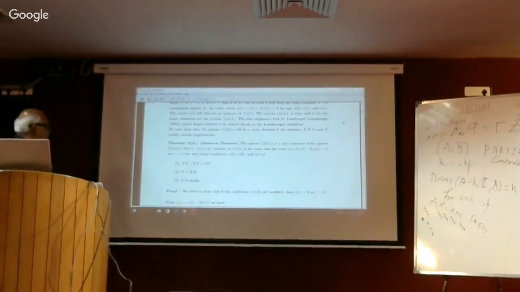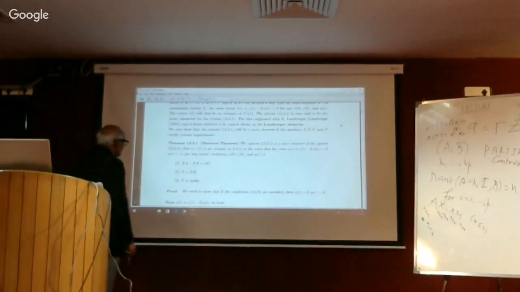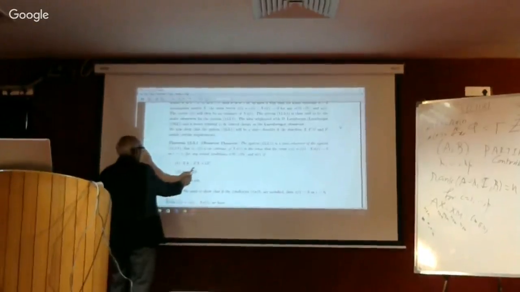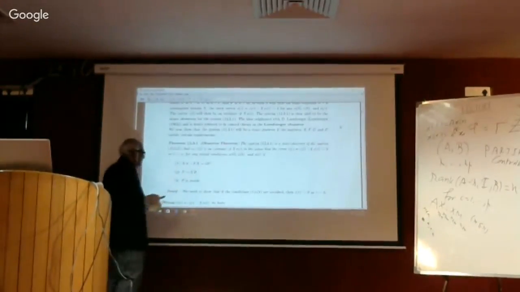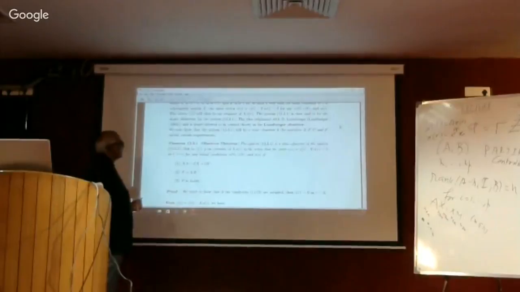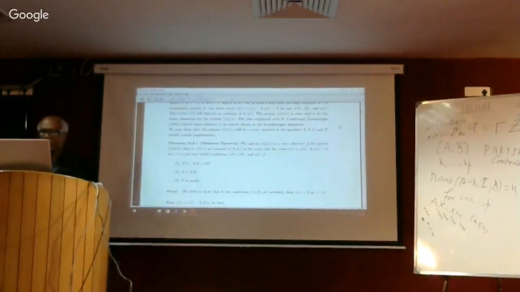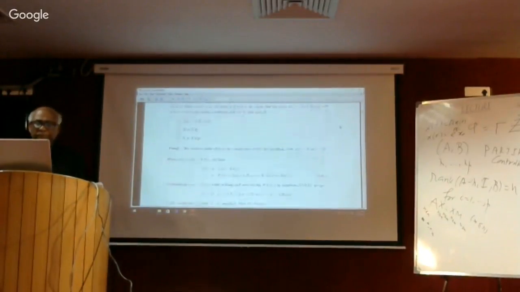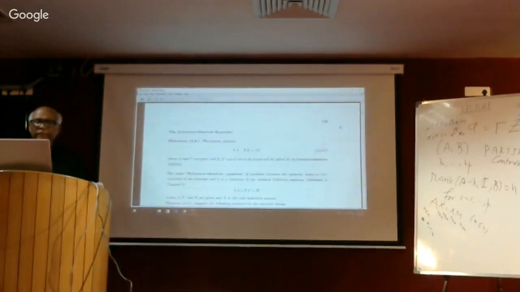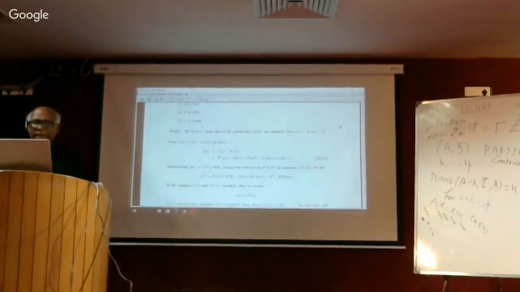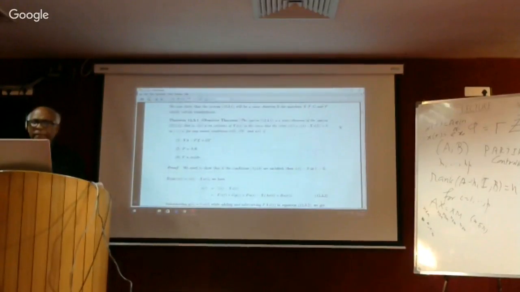Well, it turns out that if you compute your matrices F, G, and C in this way, choose your matrix F.